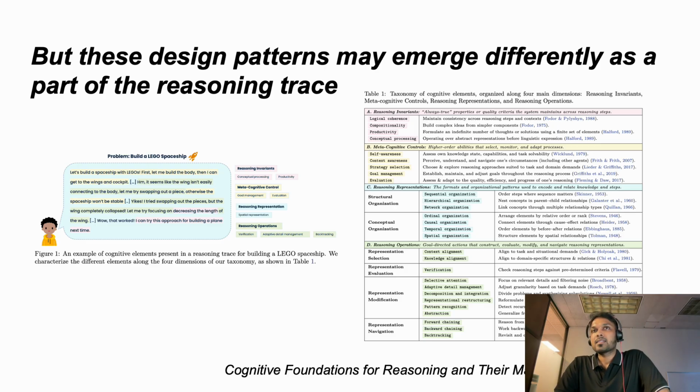By cognitive elements, they mean the different patterns of how humans in general solve problems, which have been discussed in the cognitive psychology literature over the last 20, 30 years, or even before.